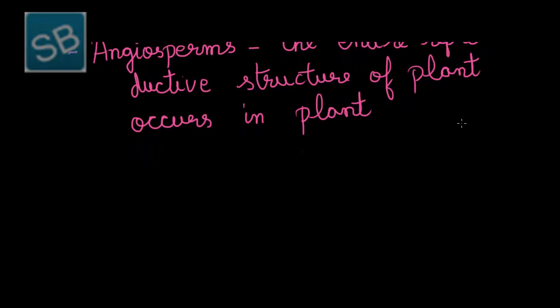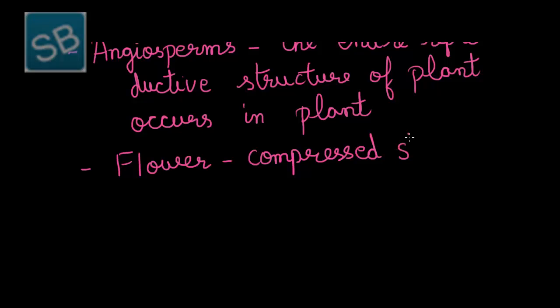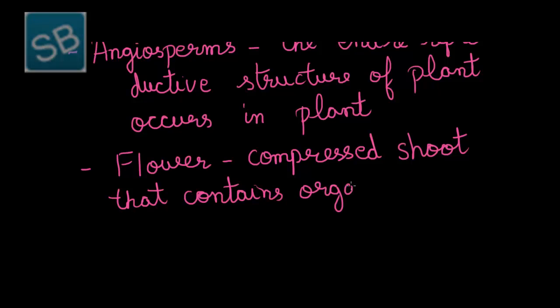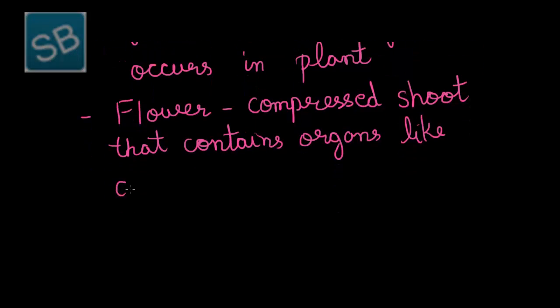We have already studied earlier about the structure of a flower. A flower is considered a compressed shoot that contains various organs like calyx, corolla, androecium and gynoecium.